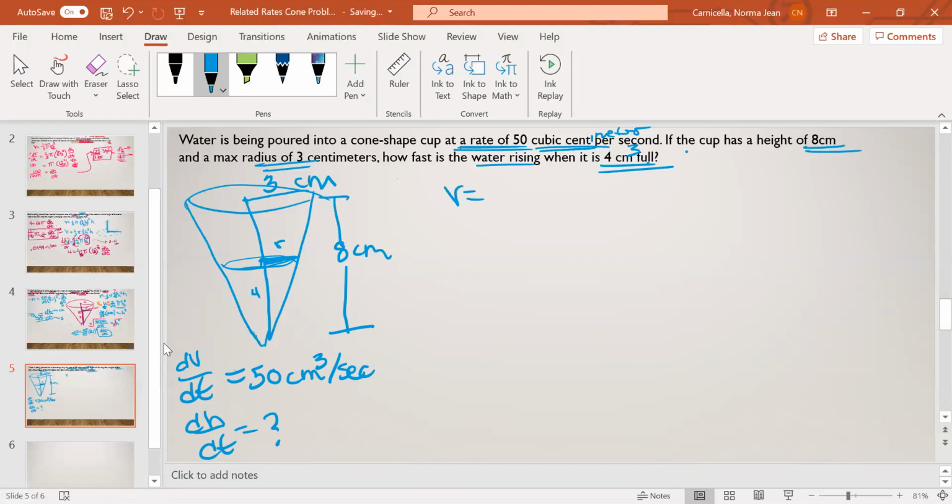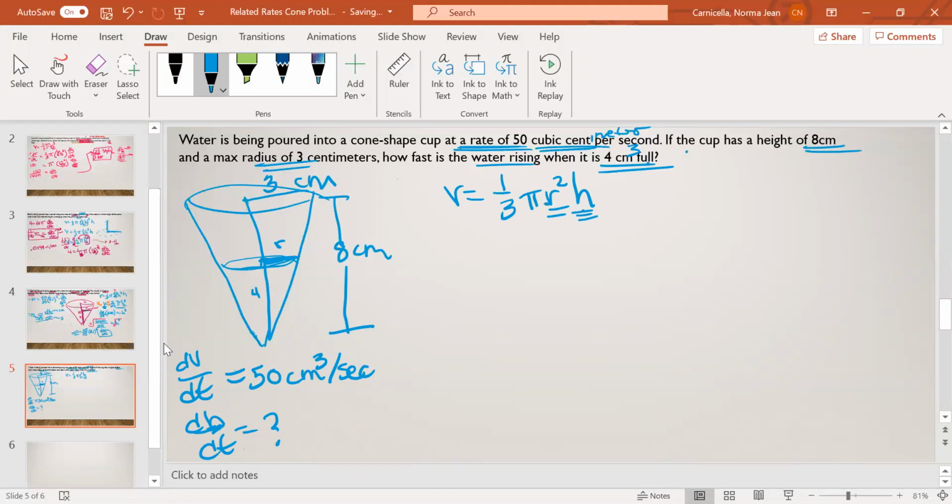Of course, 1/3 pi r squared h. We have two variables here. It's dH/dt, so we want it in terms of h. That means we want to write it without the r, so we want to replace the r.